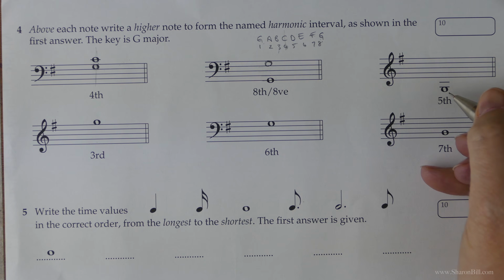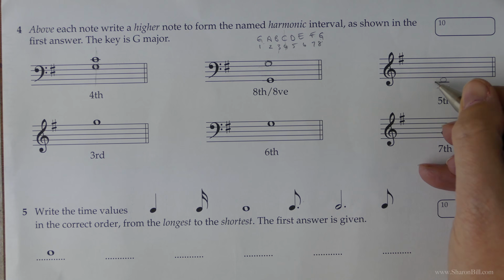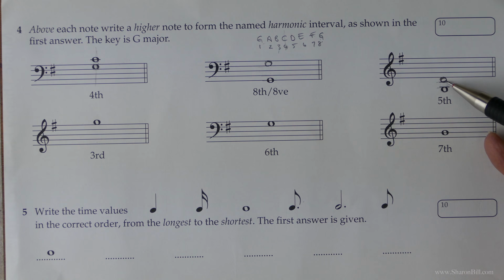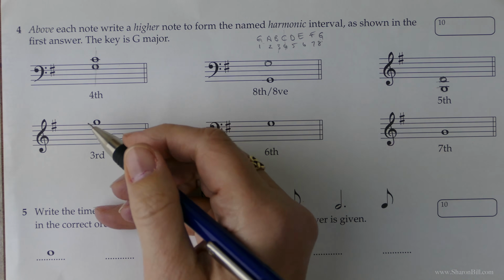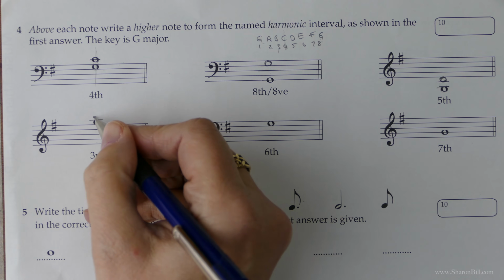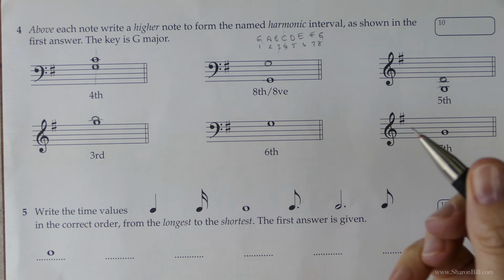So we're counting here from this very low G in the treble clef, G, A, B, C, D, 1, 2, 3, 4, 5, which takes us here. And so we know that we've got a D and that's correct. That's the fifth. Now we're on a high G here, so we're going to need some ledger lines. G, A is the line, B is the space, 1, 2, 3, there.